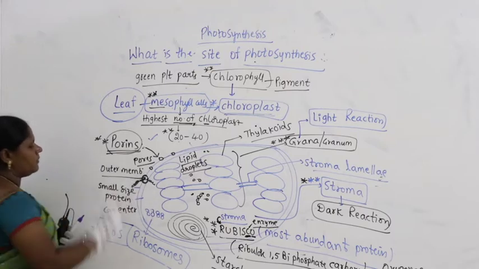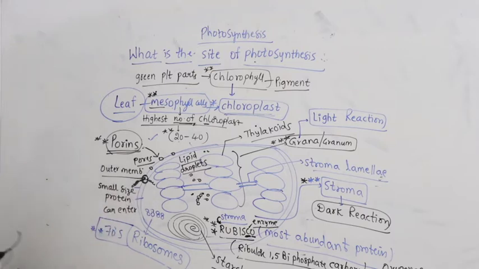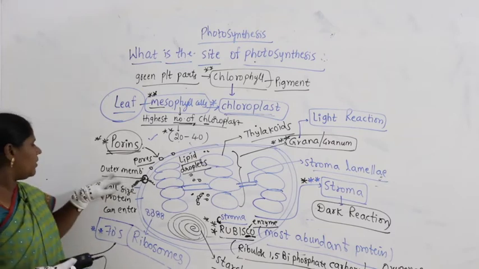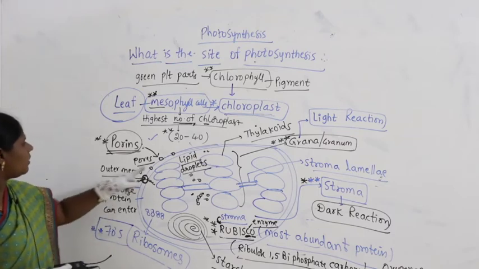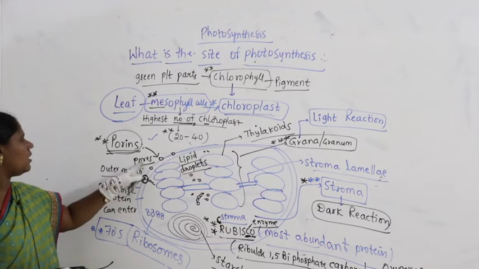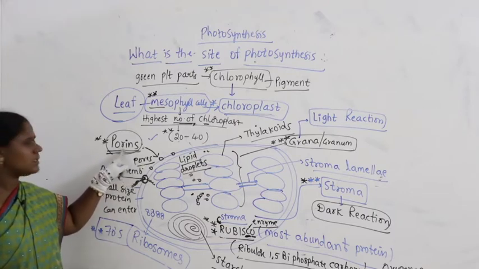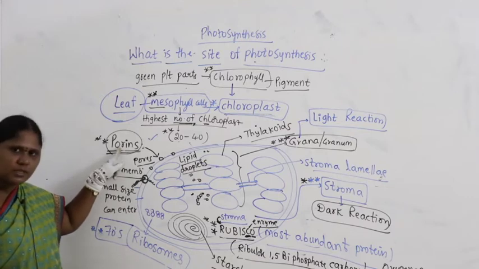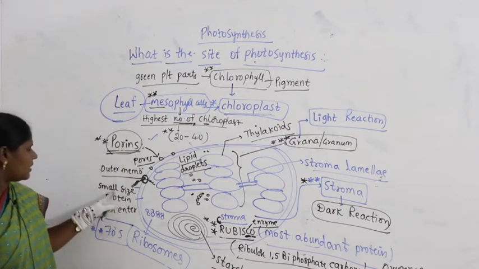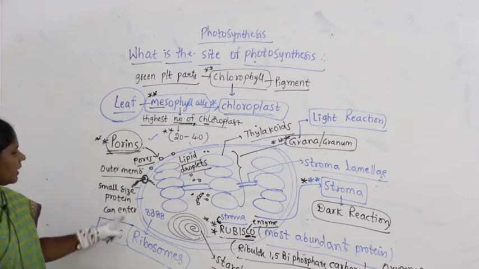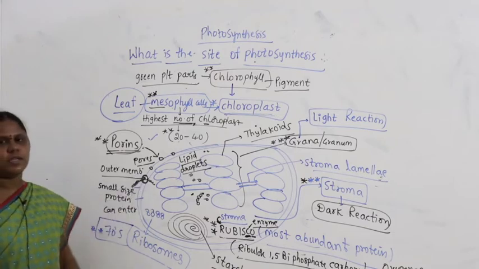Do you remember? On the outer membrane of the chloroplast, the pores you can see are called porins. We discussed this very recently in transport in plants. And what is the function of these porins? A small size protein can enter across the porins, right?